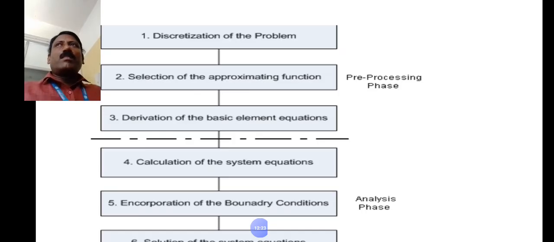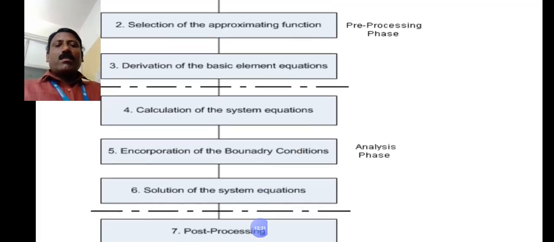For example, there are known parameters and unknown parameters, and you need to calculate the unknown parameter values. Step 5 is the incorporation of boundary conditions. The problem is converted into limit values. This is called the boundary condition, where the load is applied and how to calculate the results.